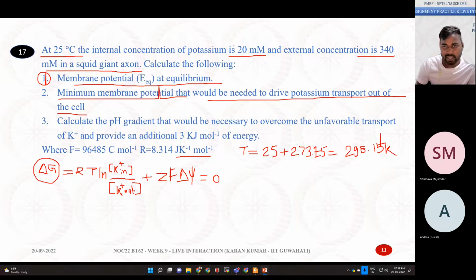Next, you have 20 millimolar and 340 millimolar. So now just multiply.